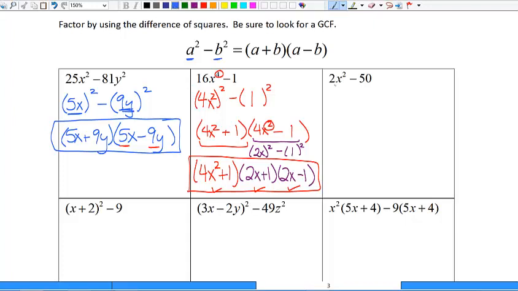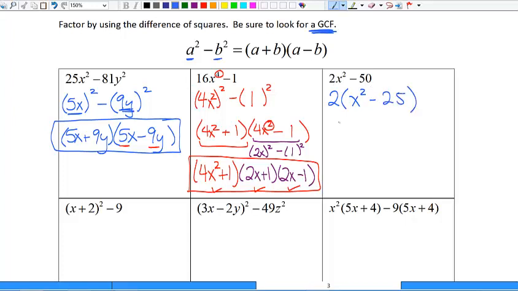On my next problem, I have 2x squared minus 50. Now, 2 and 50 are neither of those numbers in my list of perfect squares. So this is a dead giveaway that we might be needing to look for a GCF. So when I factor out a GCF, I'm getting 2 out of both of the terms, which leaves me with x squared minus 25.